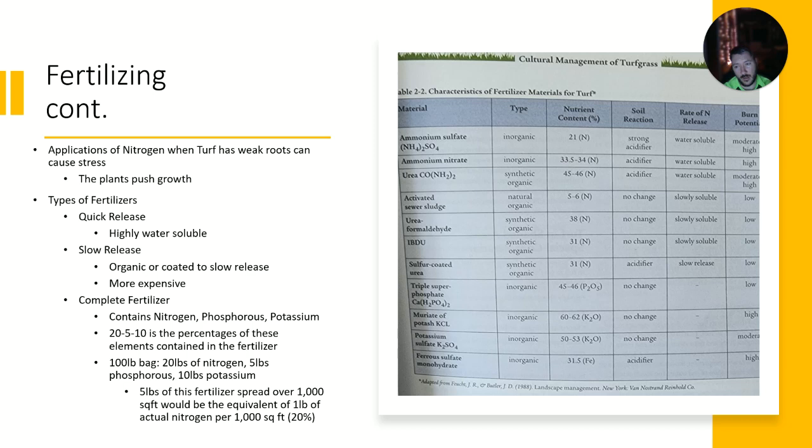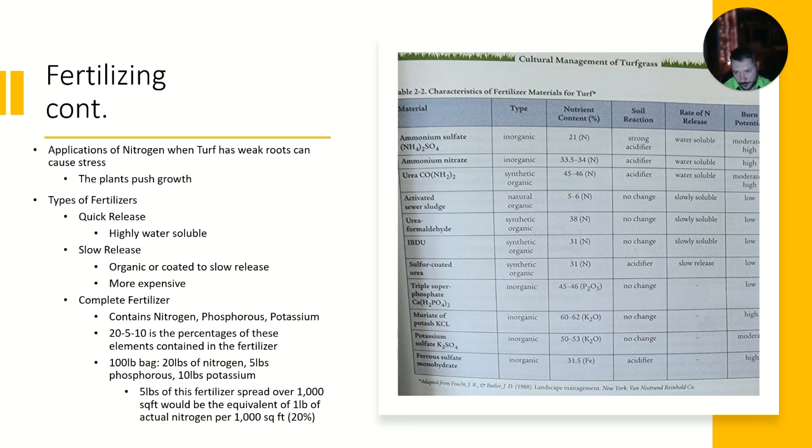There's a couple different types of fertilizers. We have quick release, which is highly soluble. Think of a urea based fertilizer. I know on that table it says ammonium nitrate has a high potential of burn because it's highly soluble. And there is a risk of burn when you use quick release.